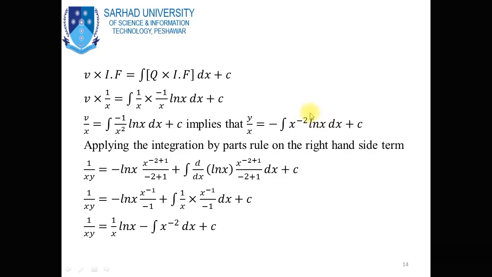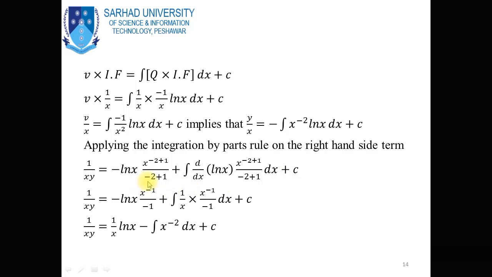Now integrating by parts, using the by parts formula to obtain the integration of this product, we obtain 1 over x v is equal to minus [natural log of x times first integration of second plus whole integration of derivative of first times integration of second] plus c.